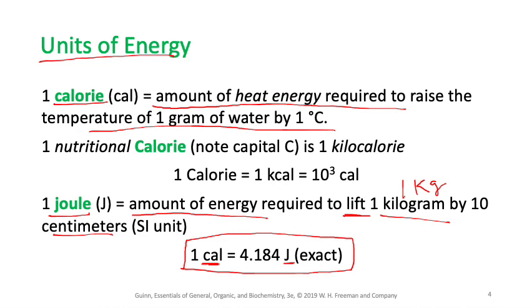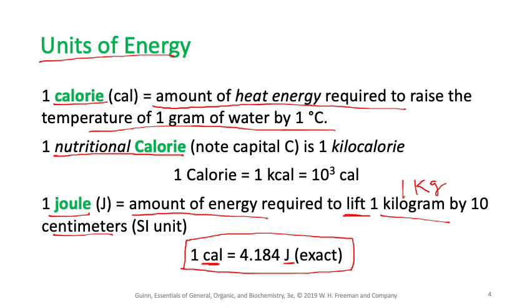Now let's talk about the third one, which is called nutrition calorie. So how do we define nutrition calorie? For example, whenever we eat food, for example protein, carbohydrate, or fat, we get energy from this food, right? Whenever we eat, the body converts this food into energy so that we can do some work. So how can we define nutrition calorie?